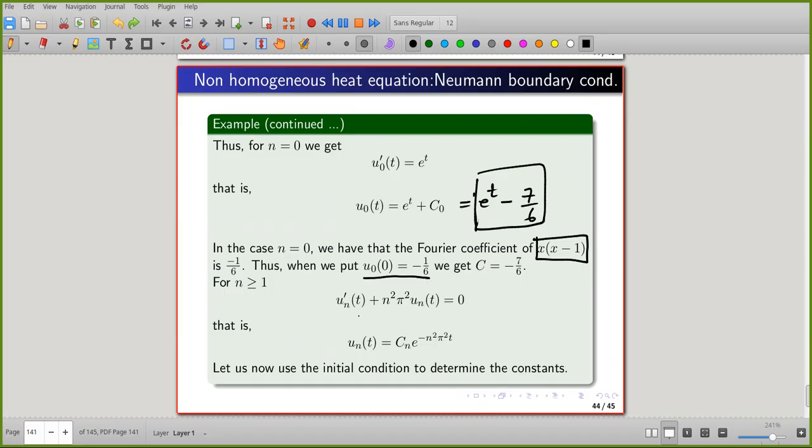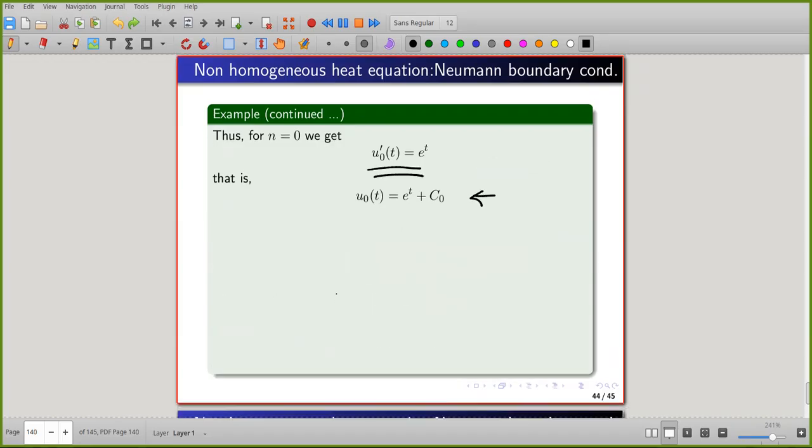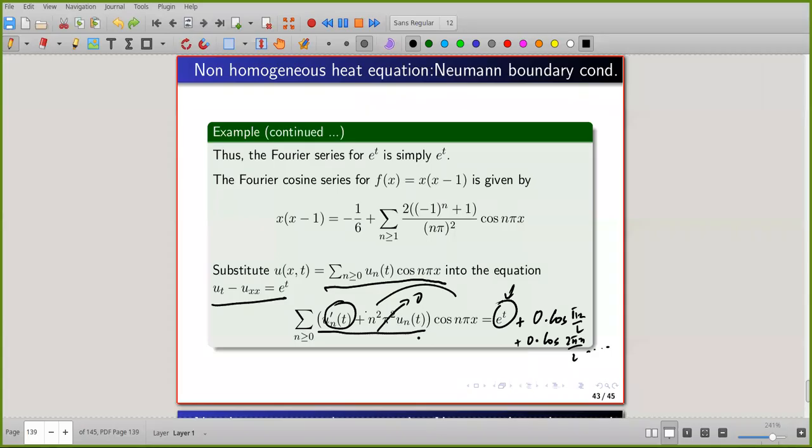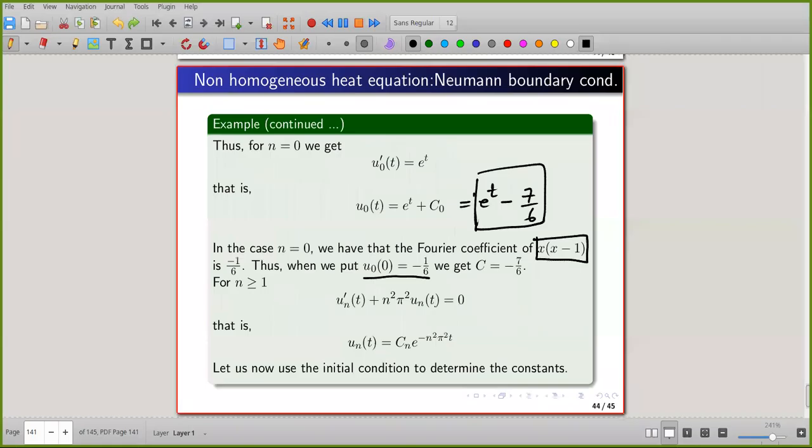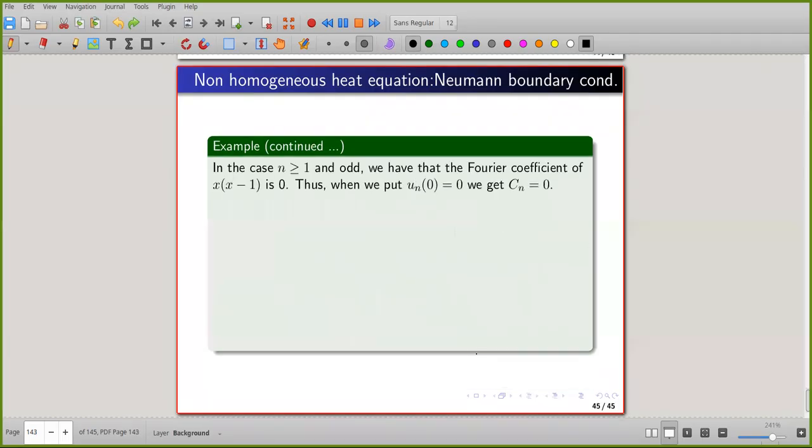And for n greater than or equal to 1, this is 0, which means this is the differential equation that it satisfies. Now we can use the initial condition to determine the constants. So what does that mean?